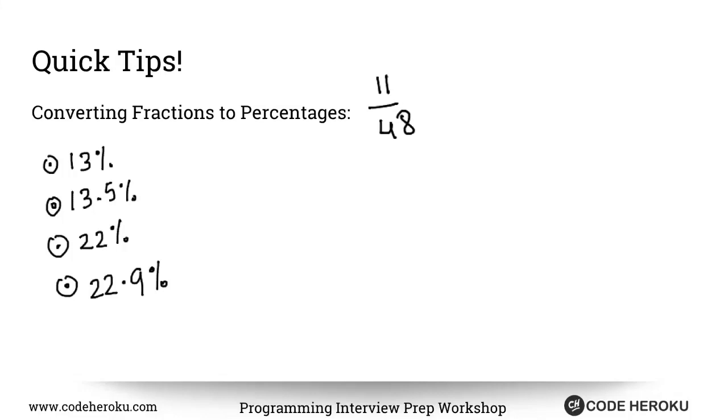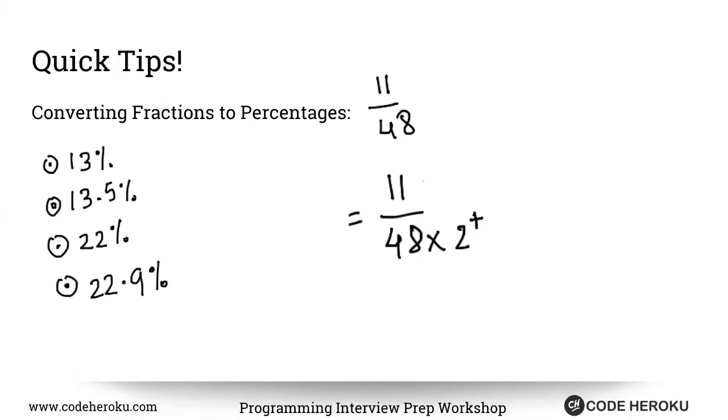So some of you got it right. Here's how you would do it, just by looking at it. We know that for 11 by 48, we are trying to get to a denominator which is 100, right? So what should we multiply 48 with to get to a number which is close to 100? You will multiply that by 2, because we want to reach 200, so 2 point something will get us 200, yeah.